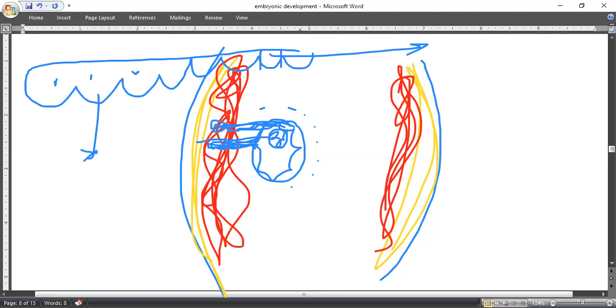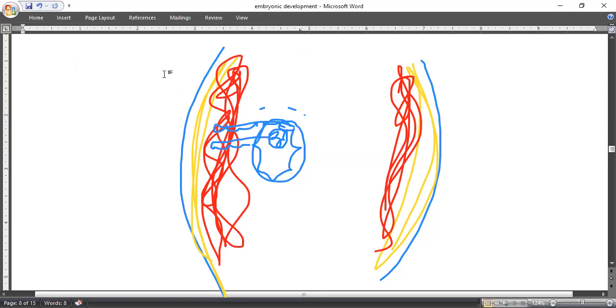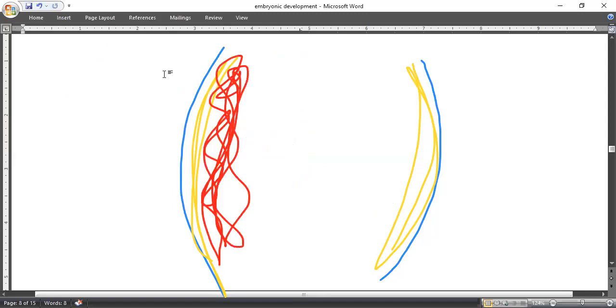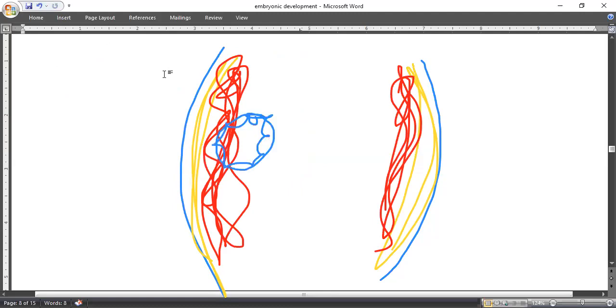So, what is the final scenario here? Finally, the endometrium layers completely surround the blastocyst. That is what we have to show here. After the implantation is fully completed, the embryo is fully penetrated into the endometrium layers.